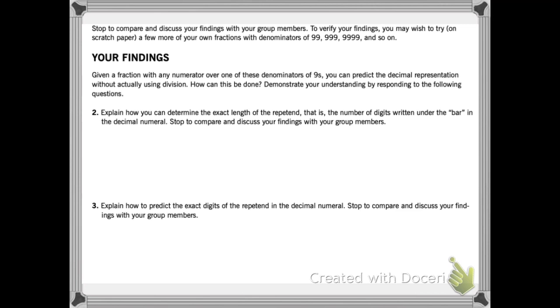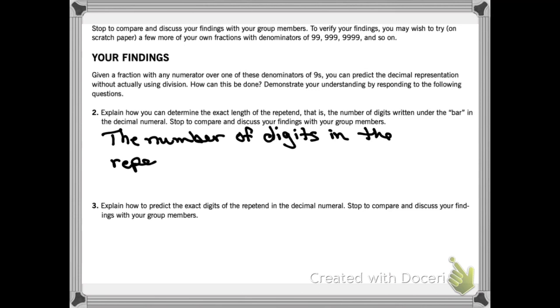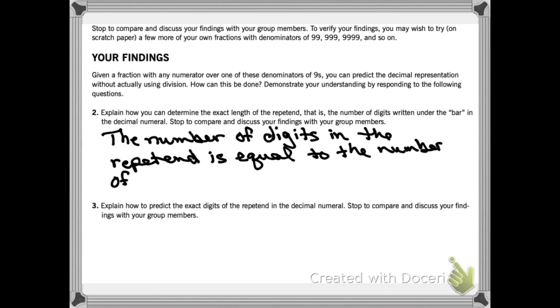So what you should have here is that the number of digits in the repeat end is equal to the number of nines in the denominator.